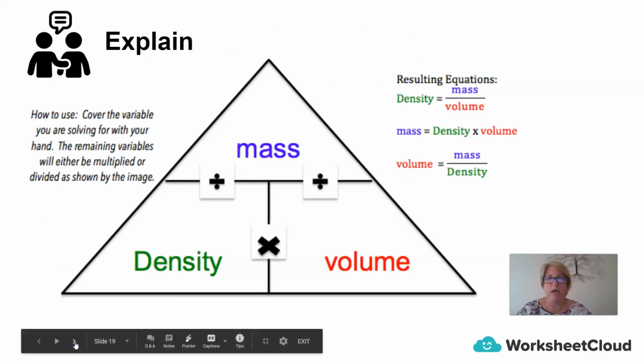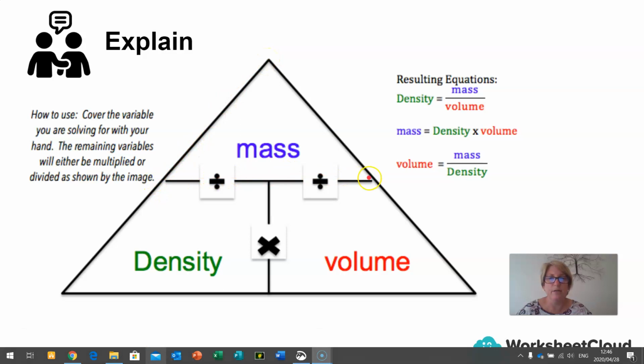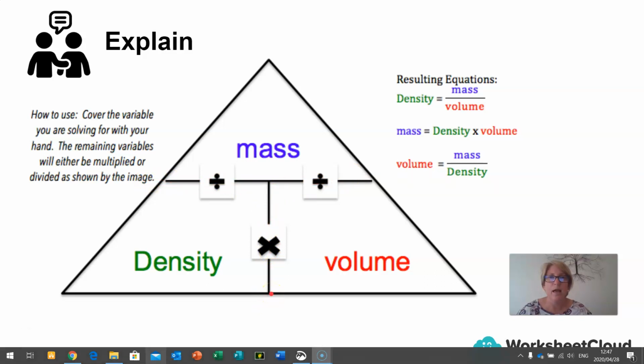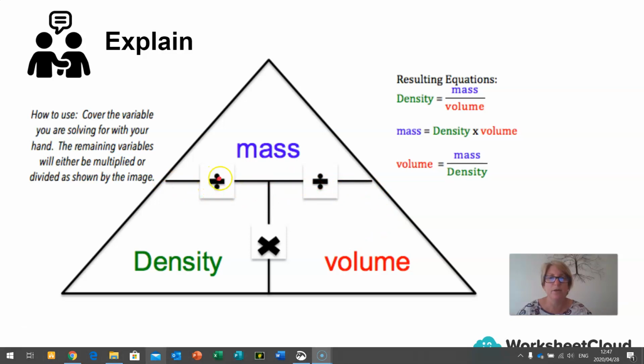So if we have a look at this magic triangle here, here we have our triangle. And what you do is you draw your triangle, and then you draw a line down the middle, and then you draw a line down here. So you draw a T in the middle of your triangle. And then what I need you to remember is this line going across here looks like a divide line with something above the line and something below the line.